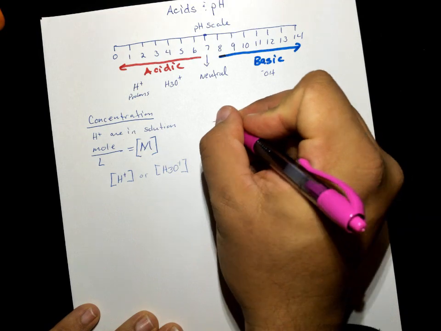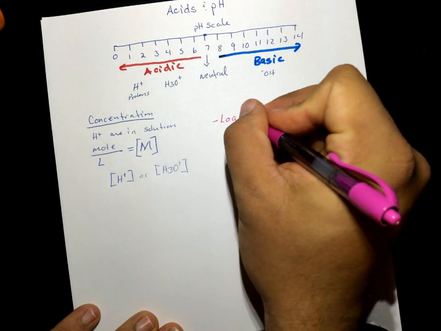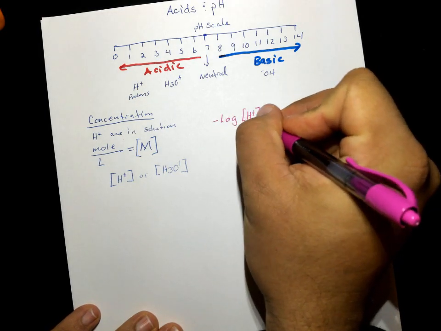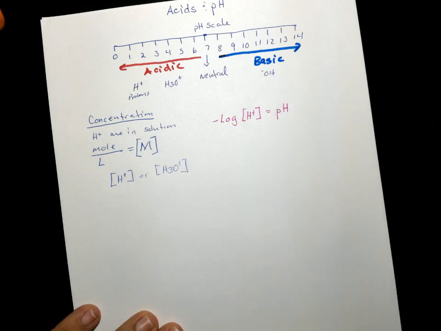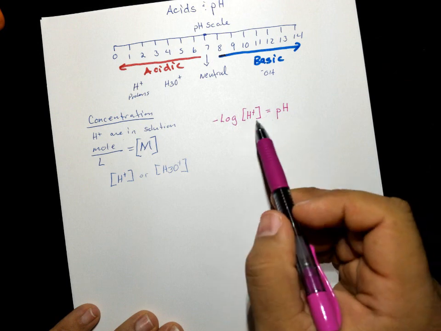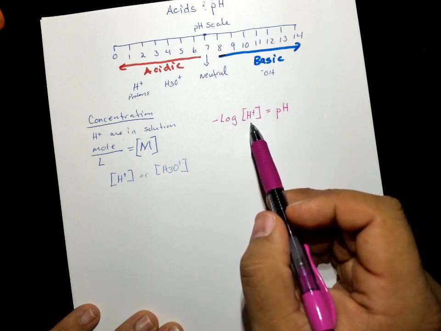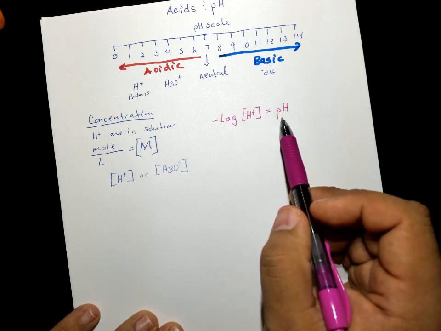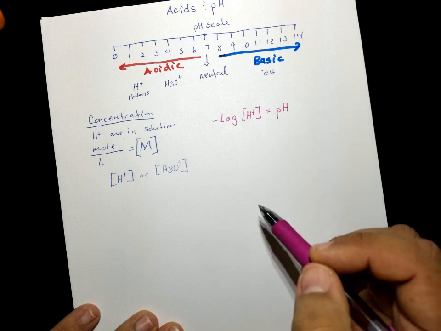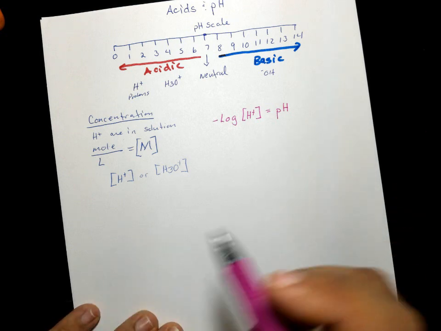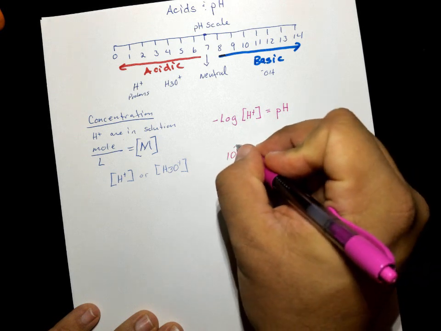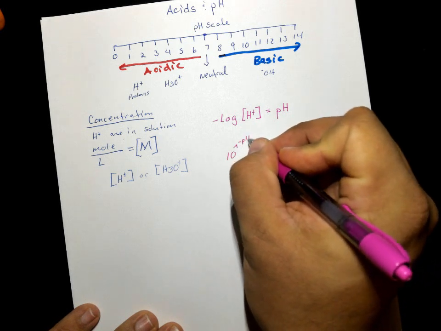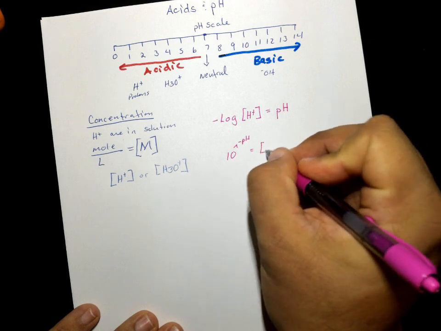If you take the negative log of the hydrogen concentration in molarity, that's going to get you pH. And at the same time, if you want to go back to concentration from pH, you're going to go 10 to the negative pH, and that's going to give you back your concentration.